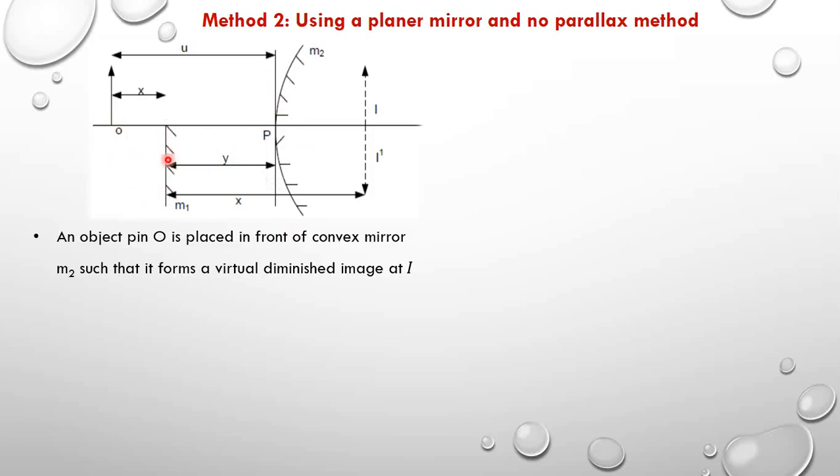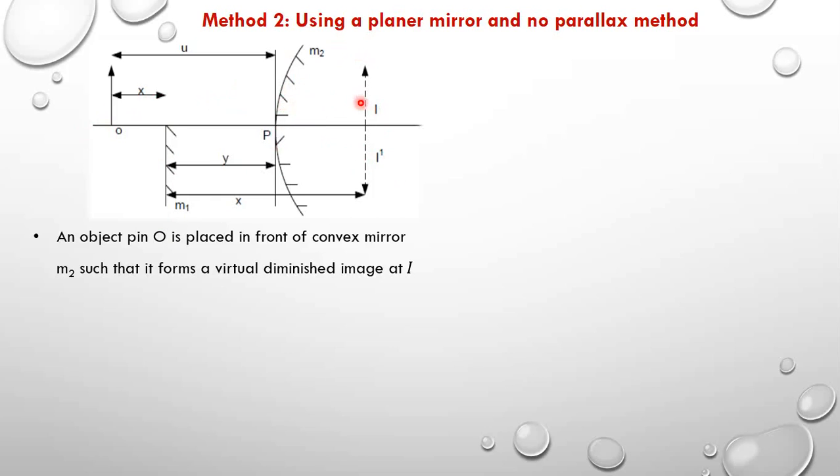And then when we place it there, we are going to adjust that position such that the image of this object O formed by this plane mirror, that image I prime, coincides with the image I of this object O formed by the convex mirror.